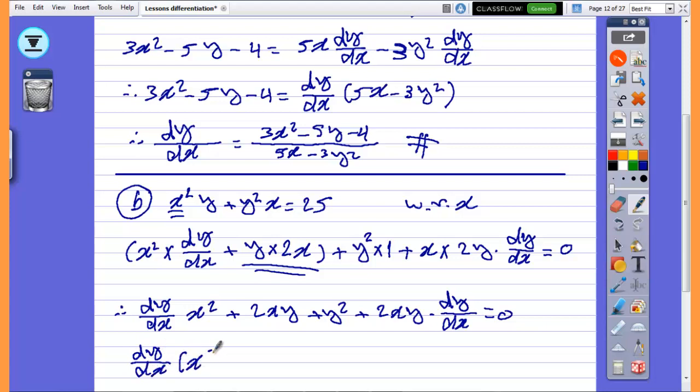multiply x square plus 2xy equals negative 2xy minus y square.